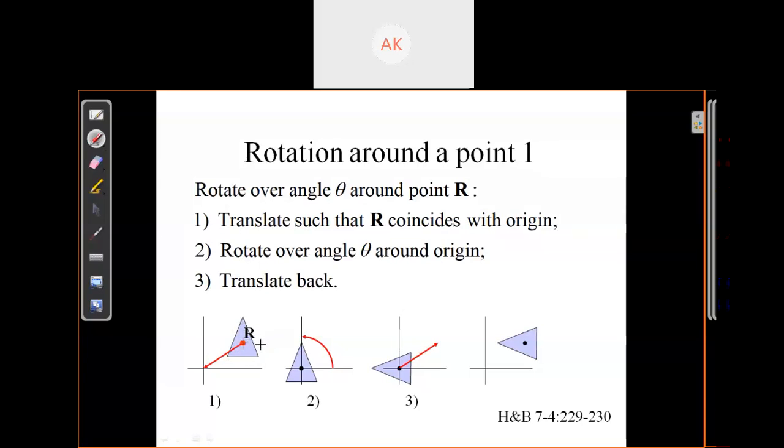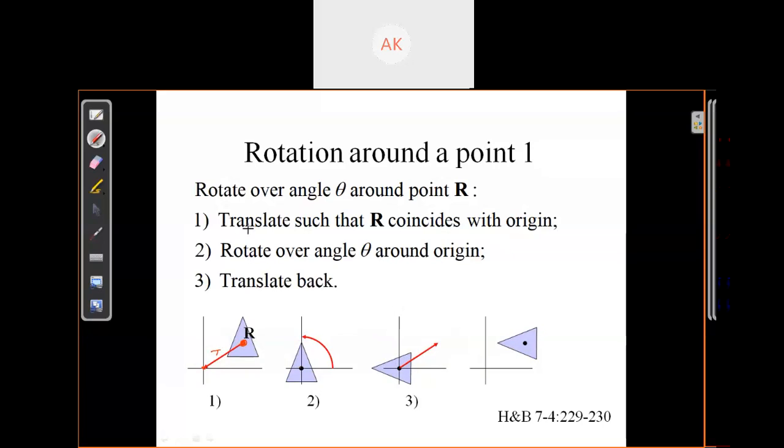You can directly apply the formula we have derived, or the second way: translate the rotational point to the origin, shift your object accordingly, then rotate your object at the angle you want, then reposition your object to the original position.